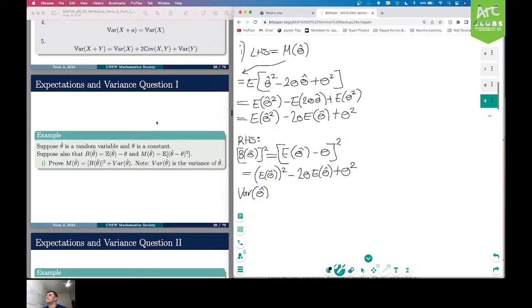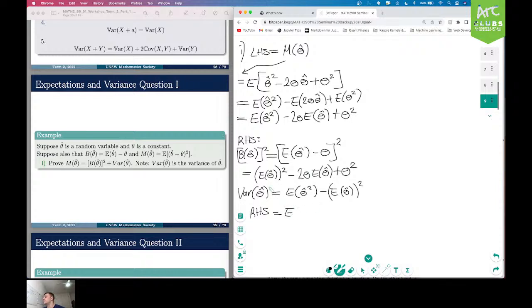So that is going to be equal to E of our random variable squared minus E of our random variable all squared. Okay. And so what we can argue now is that the right-hand side, which is equal to b of theta hat squared plus variance of theta hat, we can just write that.